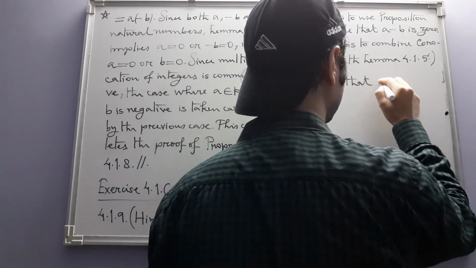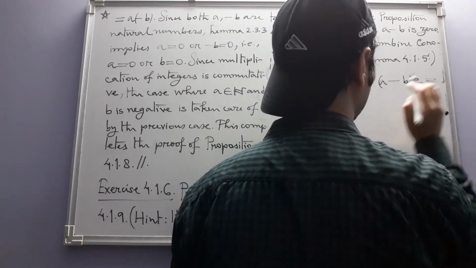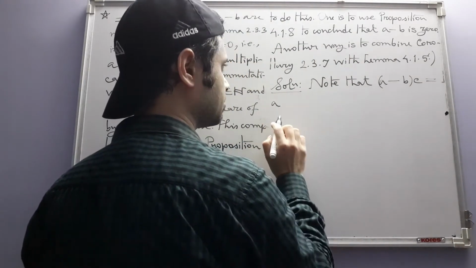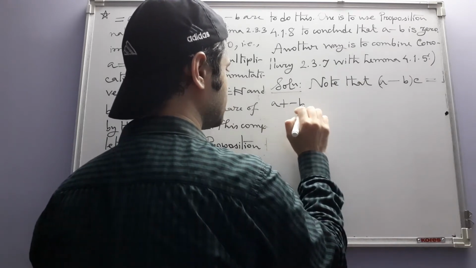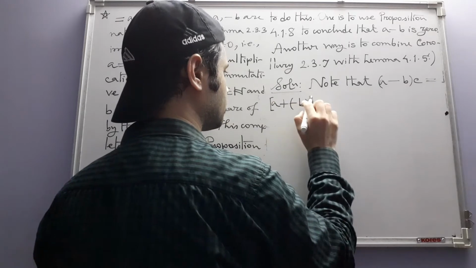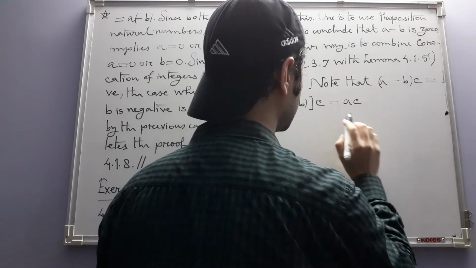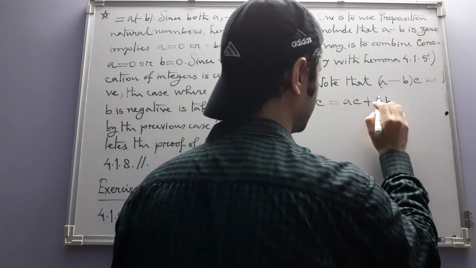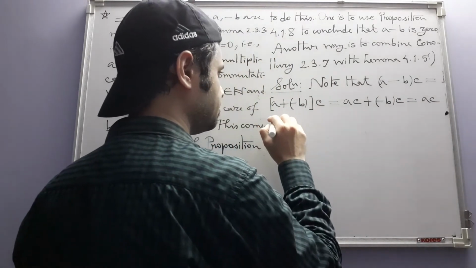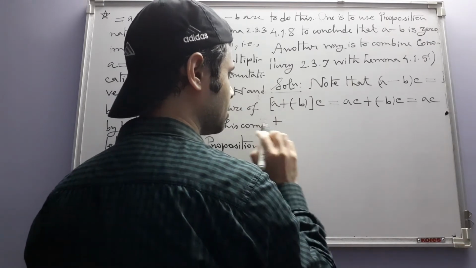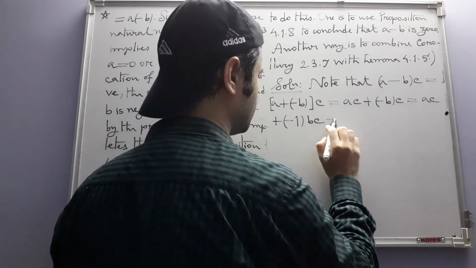Note that a minus b times c is equal to a plus minus b times c. So we can apply the right distributive law. So this is ac plus minus b times c, which is equal to ac plus, in place of minus b we can write minus 1 times b times c by exercise 3.